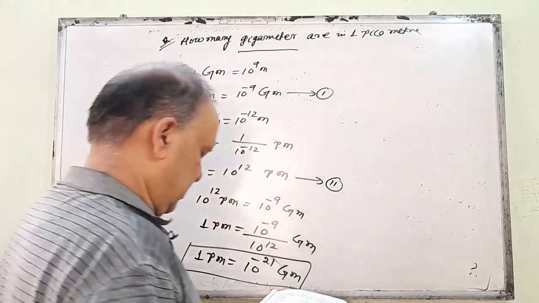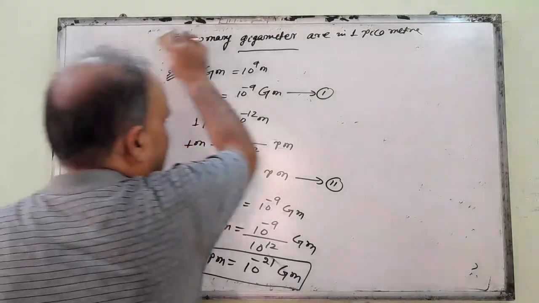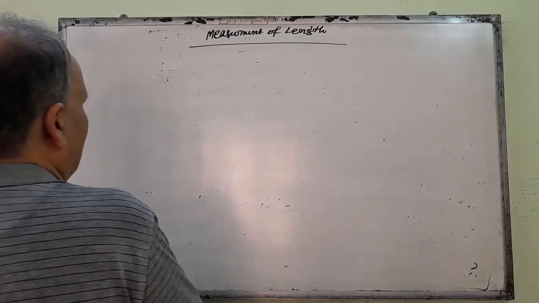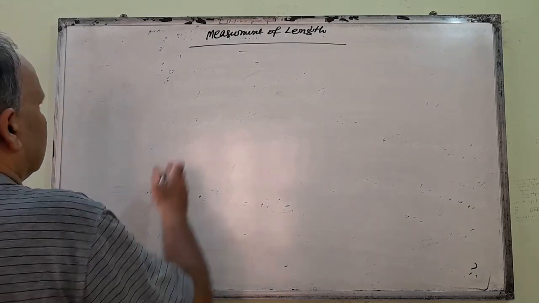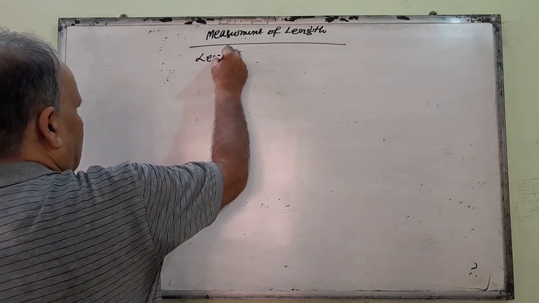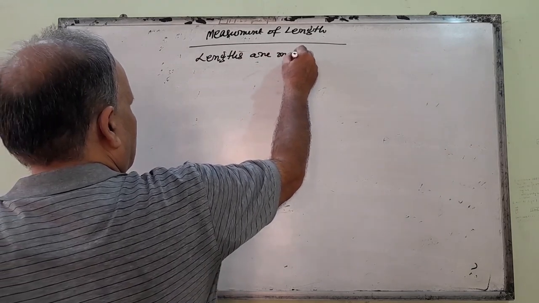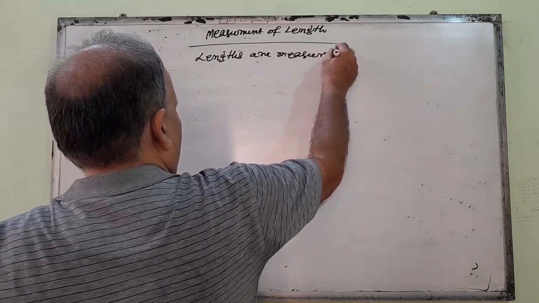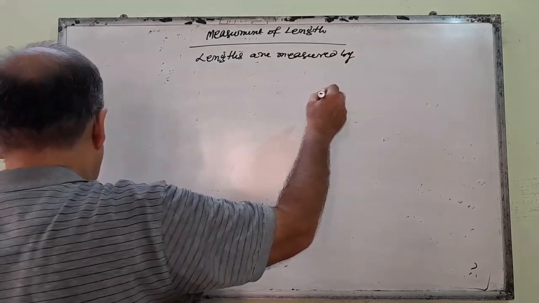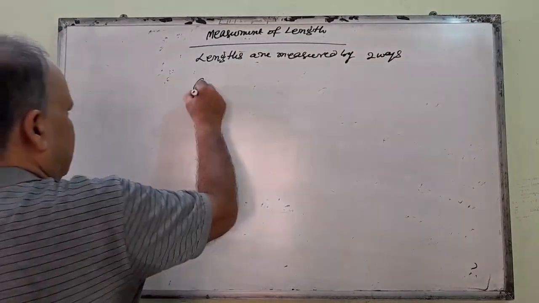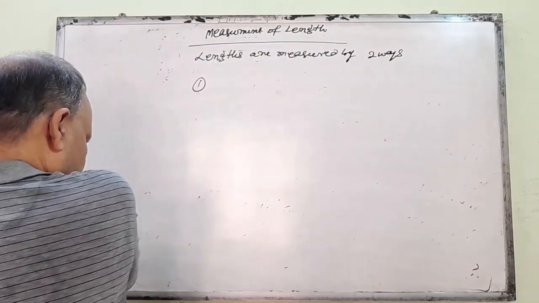So remember all this. Next come to the measurement of length. Lengths are measured by two ways. First one is the direct method.